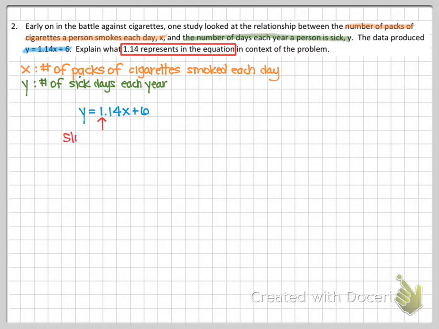So I identify my slope as 1.14, and I'm going to put it over 1, a big long fraction, and then start sliding in the information. Remember, y goes on top. So this is 1.14 sick days each year over 1 pack of cigarettes smoked each day.